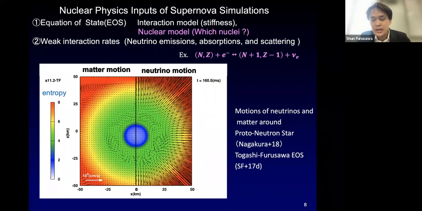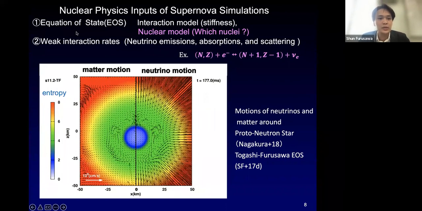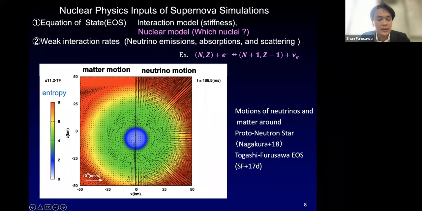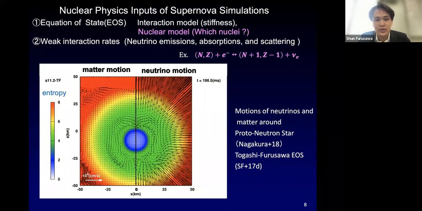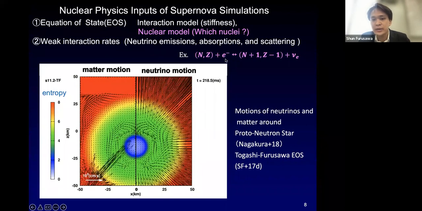And in addition to the equation of state, we need data of neutrino interaction rates, for example, electron capture on heavy nuclei.